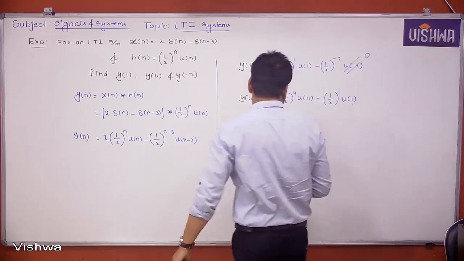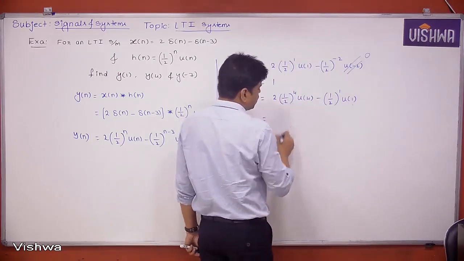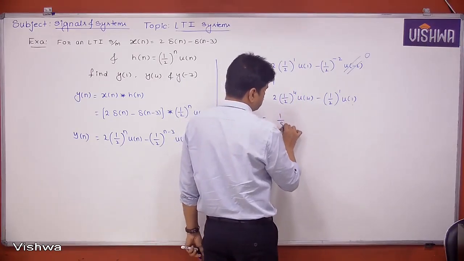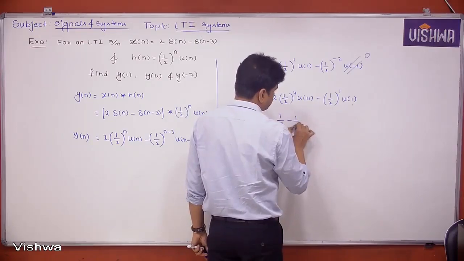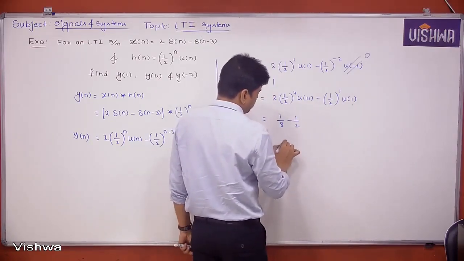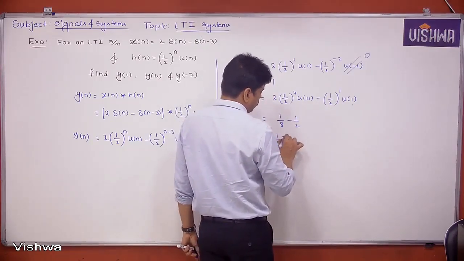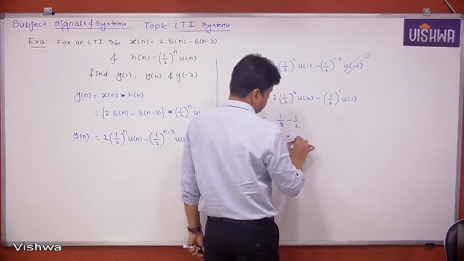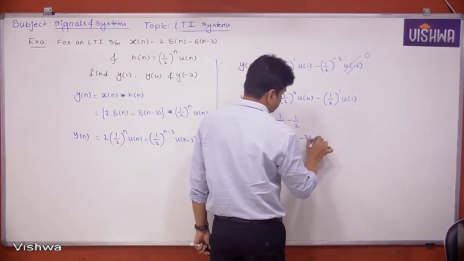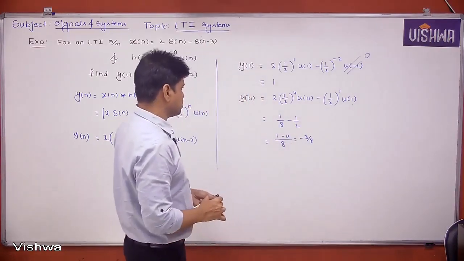Both exist. So this is going to be 2 into 1/16, which is 1/8, minus 1/2. Taking 8 as the LCM, 1 minus 4 is minus 3 by 8. Minus 3/8 is the answer.